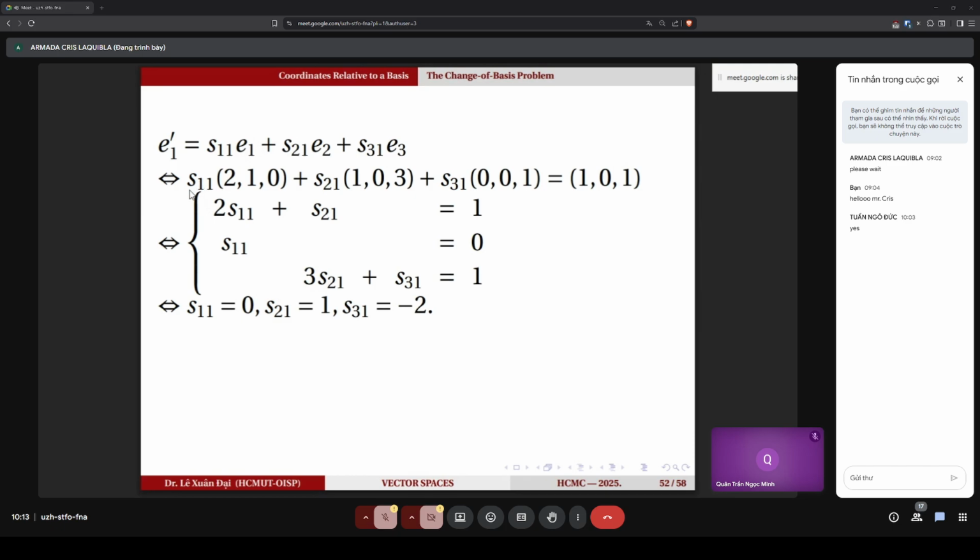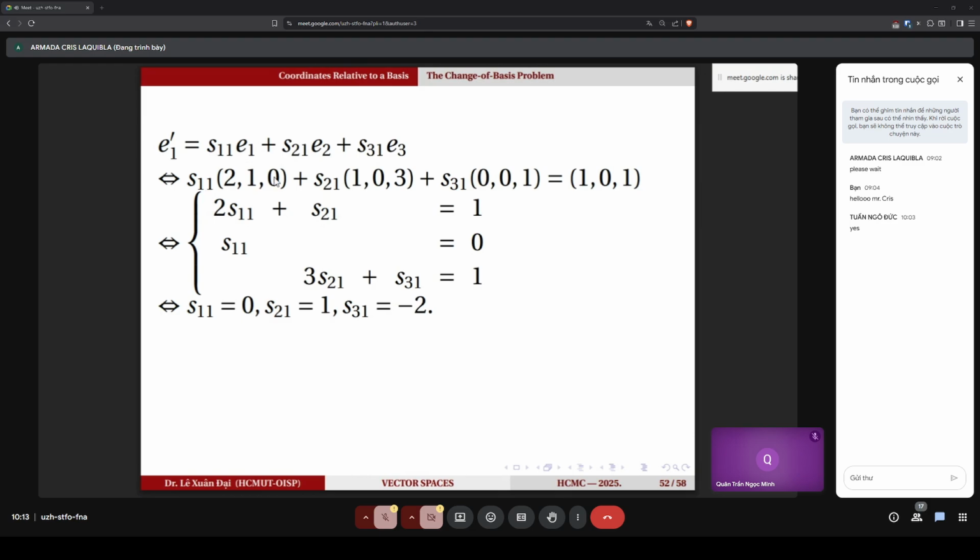Okay, what to do? Get the first coordinate here. So that's 2 S11. The first coordinate here is S21. First coordinate here is 0. Then the first coordinate there is 1. Again, combine all the first coordinates.